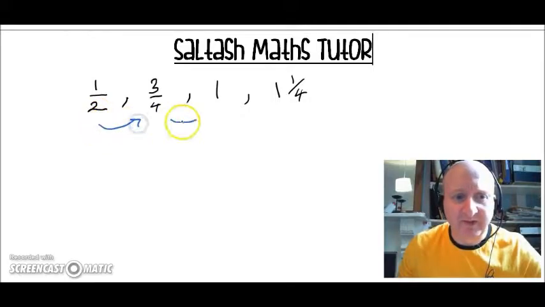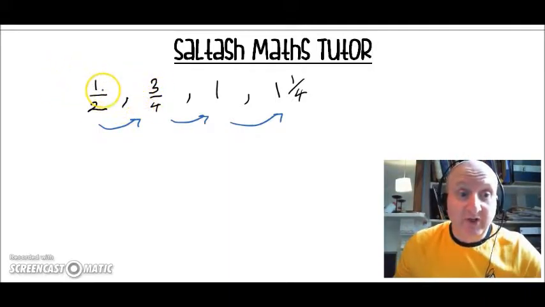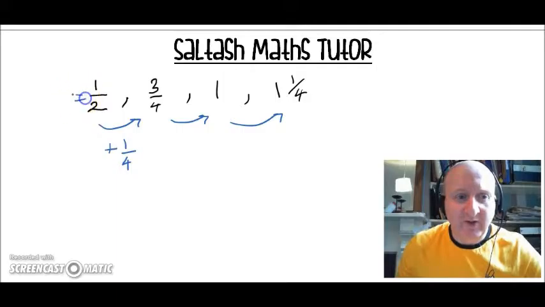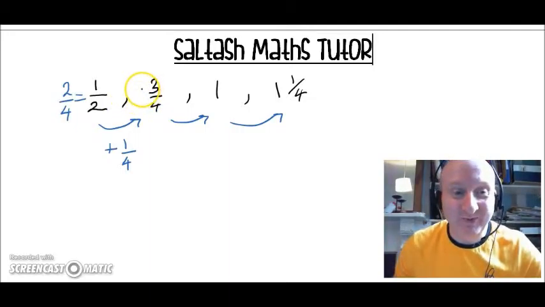So differences between these three numbers. Well, okay, a half to 3/4. You either know it, that it's a quarter, or it might be that you understand that a half as an equivalent fraction is 2/4. So 2/4 to 3/4 is a quarter.